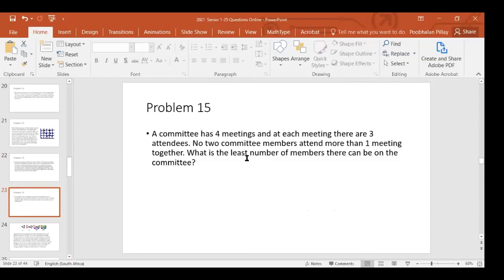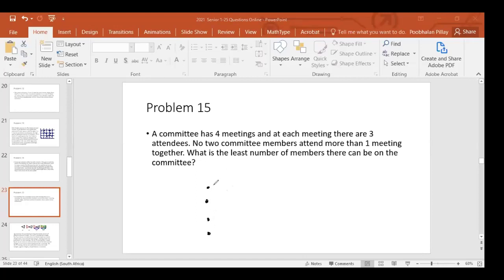A committee has 4 meetings, and at each meeting there are 3 attendees. No 2 committee members attend more than 1 meeting together. What is the least number of members that can be on the committee? See, the problems require a lot of understanding. So you got 4 meetings. Meeting 1, meeting 2, meeting 3, meeting 4.